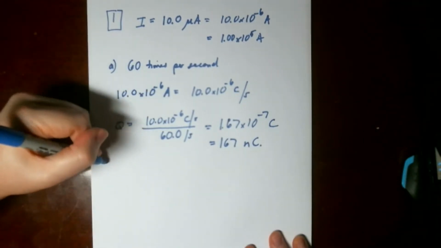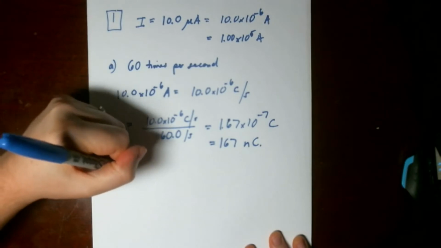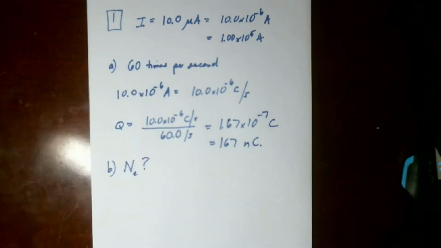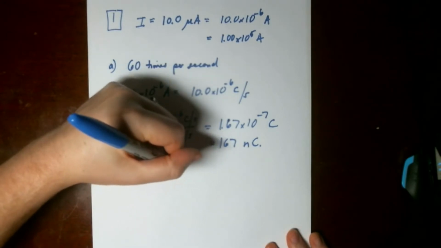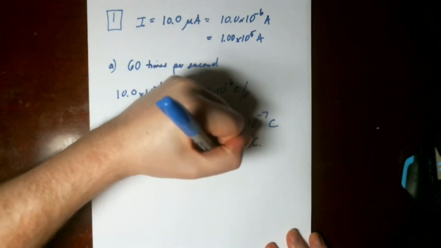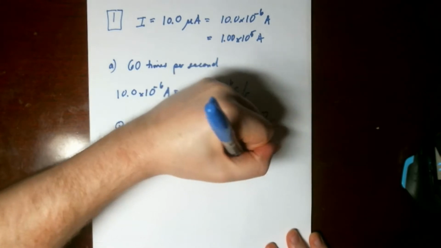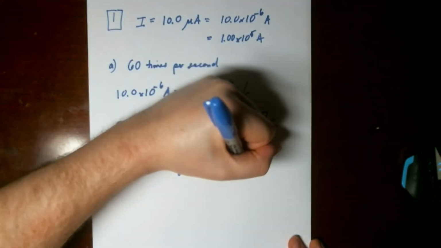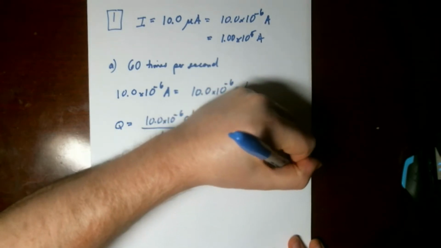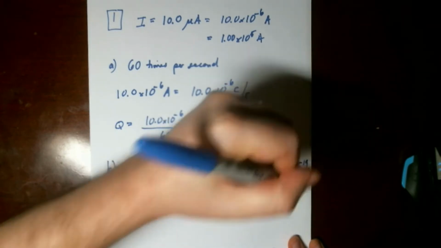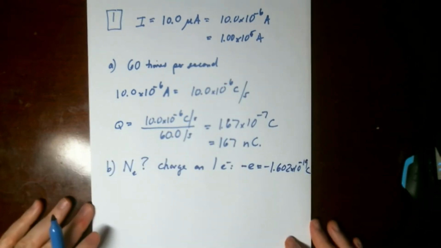Part B, how many electrons is this? Well, we know that the charge on 1 electron, well, the magnitude is the fundamental charge, 1.602 times 10 to the negative 19 coulombs.